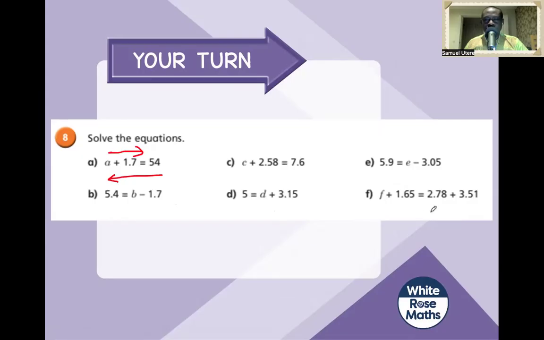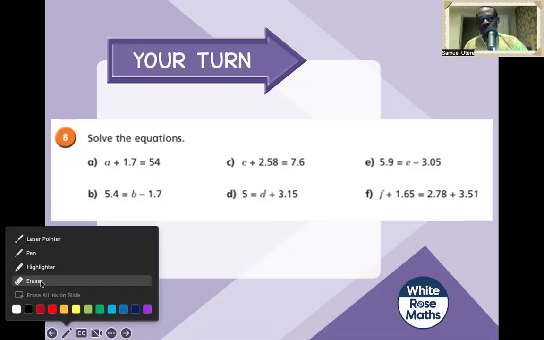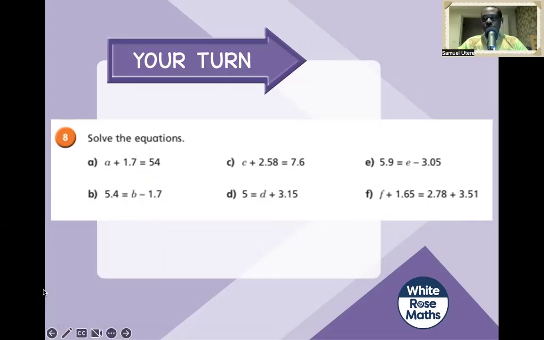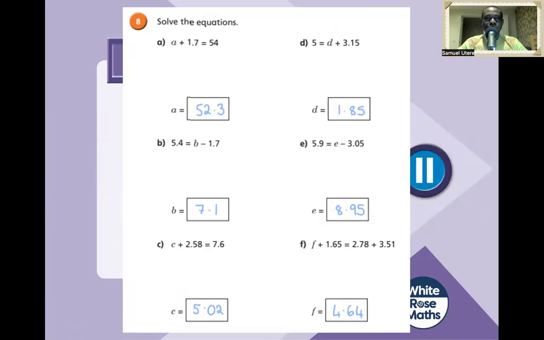Here is going to be, first you add these, and then you subtract this from whatever you get from there. Okay? So when we think about it, our solution will be, so let's give you all the solution, the answers, so that you can mark your work. So the answers will be these.